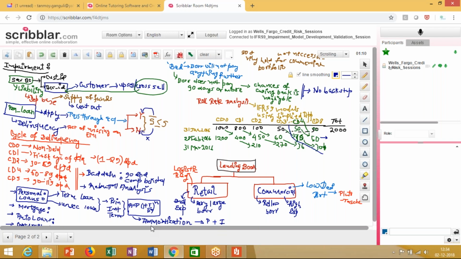Now, this asset, or the personal loans that we talk about, is an asset placed under amortized cost. It's an asset which is valued at amortized cost.